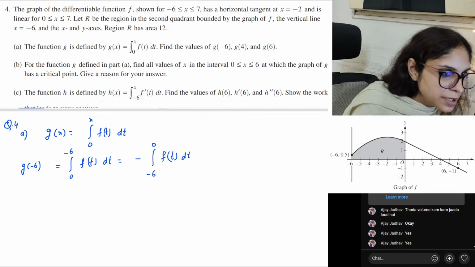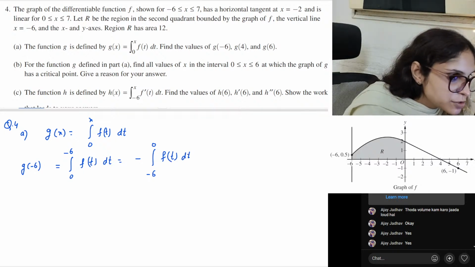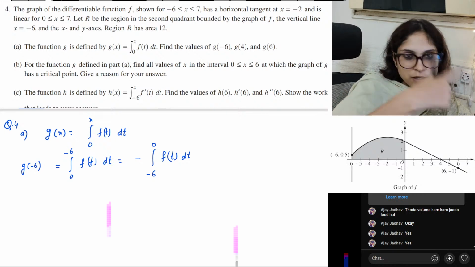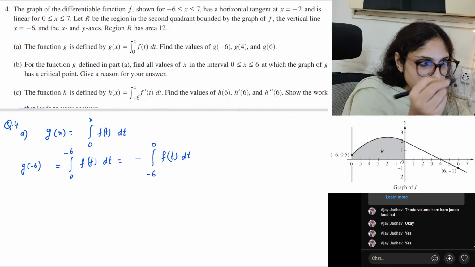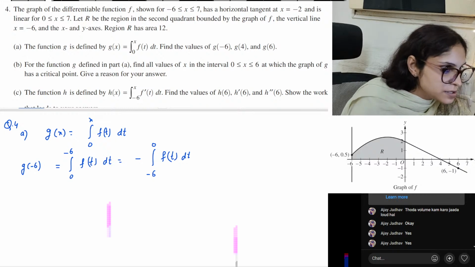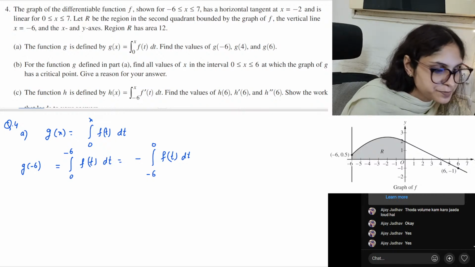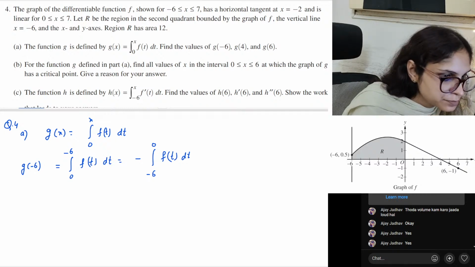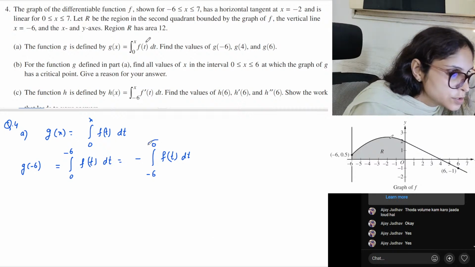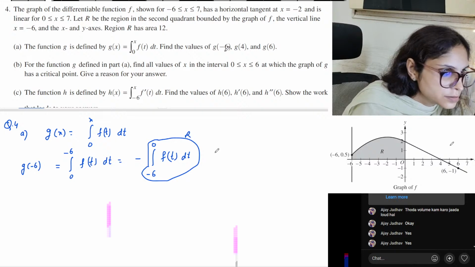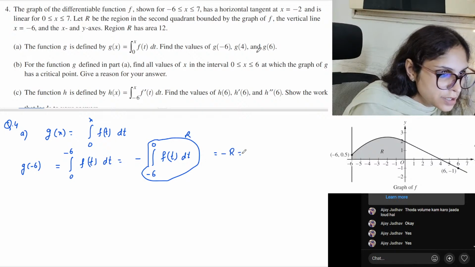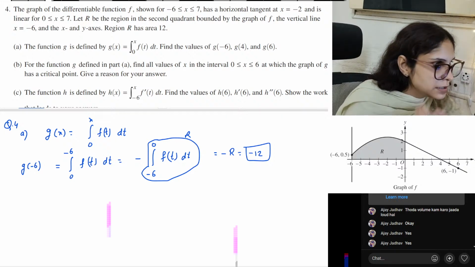Now if you look at the diagram, from -6 to 0, it is the entire region R. So this entire integral is R, and the value of R is given to us as 12. So this is -R, which is -12. The first answer is -12.